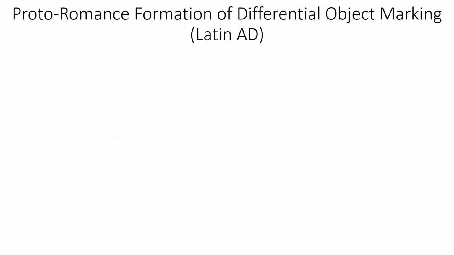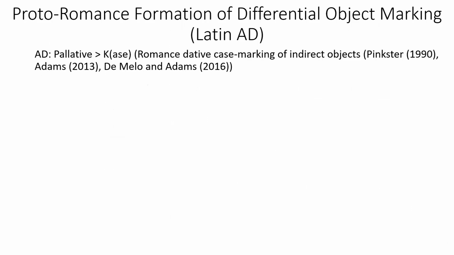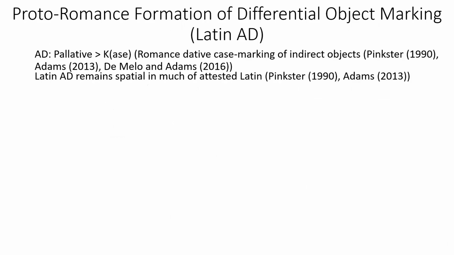Right, so if we look at Proto-Romance, also the Latin formation of DOM, people like Jim Adams and Harm Pinkster have shown that ad, which is originally an elative preposition denoting motion towards, is reanalyzed as a case marker in Proto-Romance.